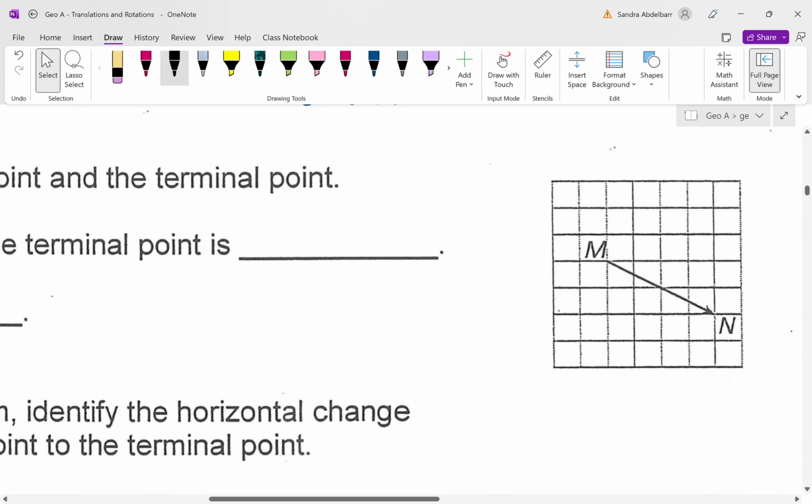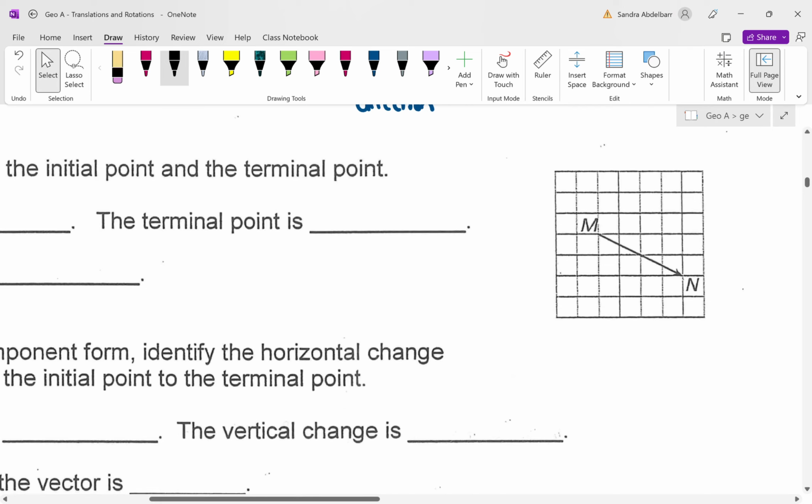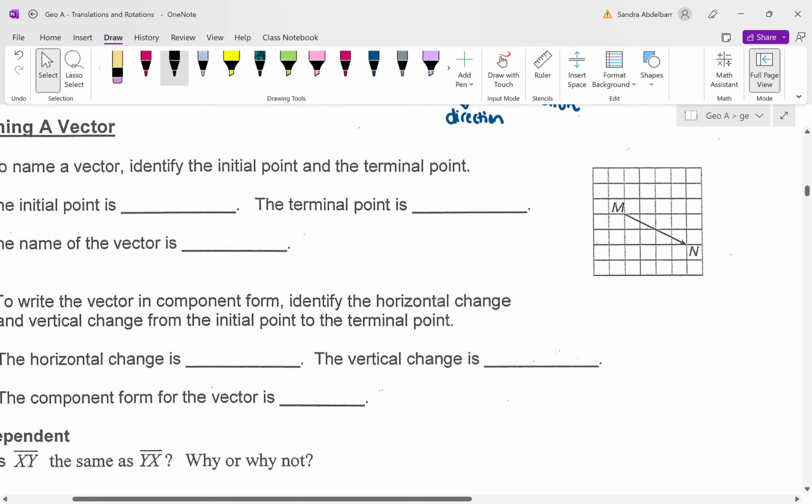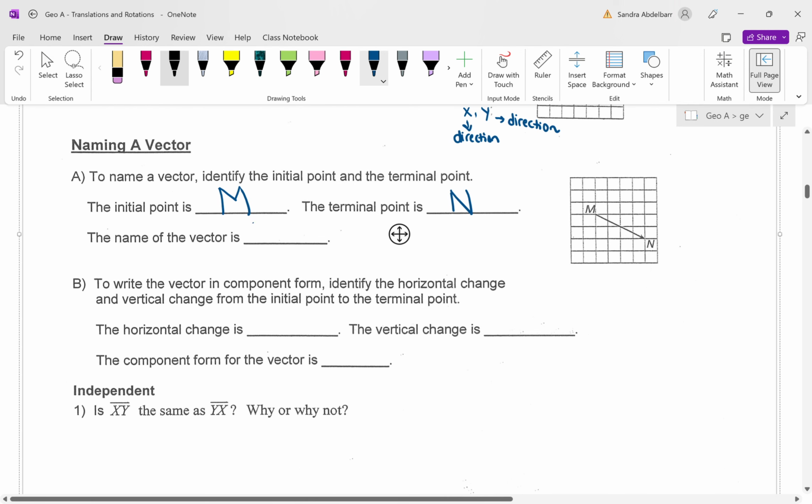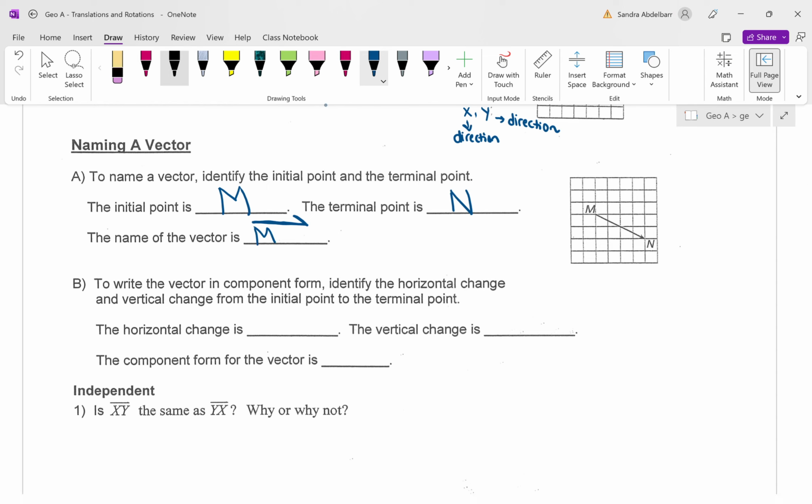The arrow always points to the terminal point. So if our terminal point is N, that means our starting point has to be M. So our initial point is M, our terminal point is N. And if we're going to name this vector, you draw your little half arrow, and then you always start with your initial point and end with the terminal point.